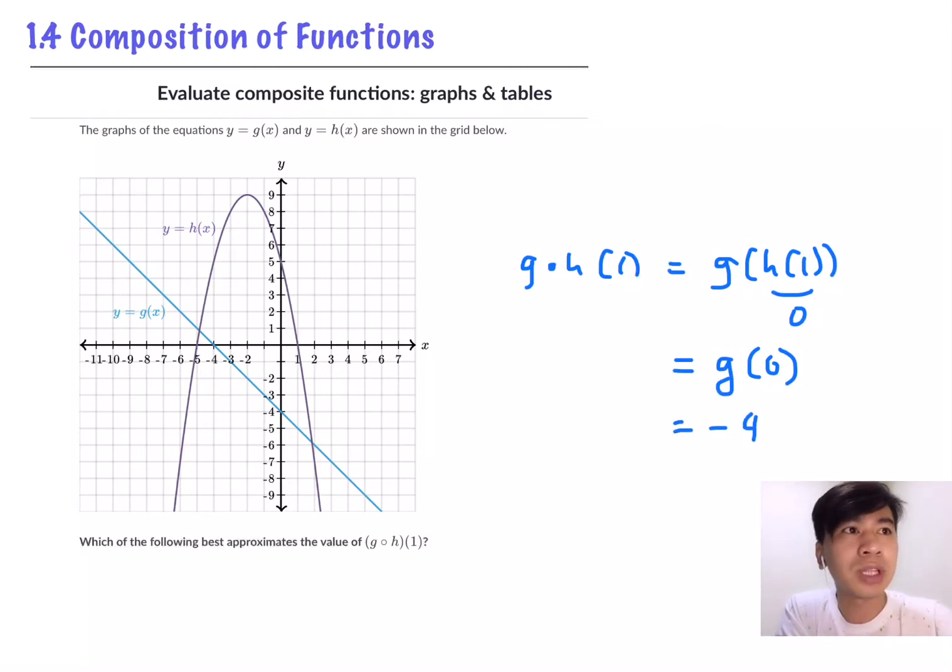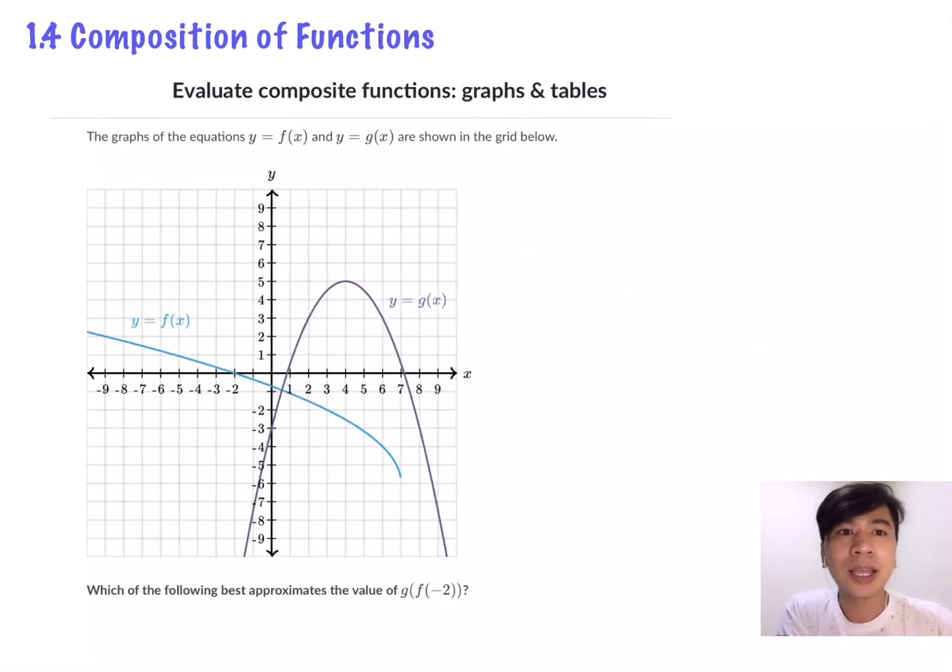Okay, let's move to the next one. Let's see it again once more. The graphs of the equations y equals f of x and y equals g of x are shown in the grid below. Which of the following best approximates the value of g of f of negative 2? So we need to find f of negative 2 first.